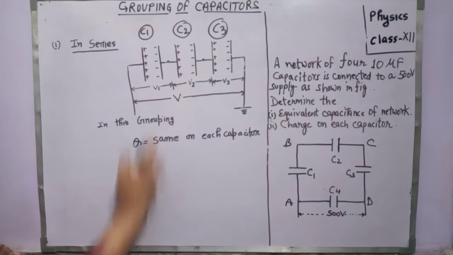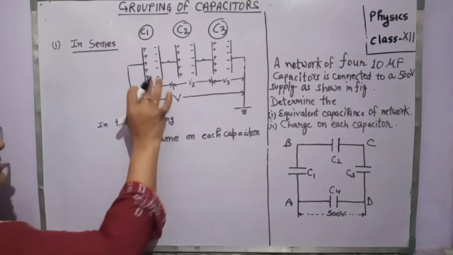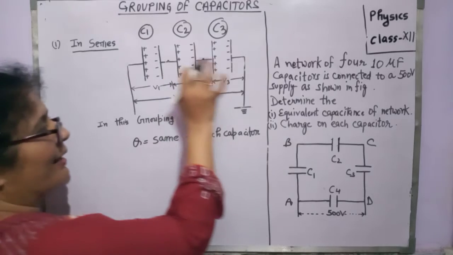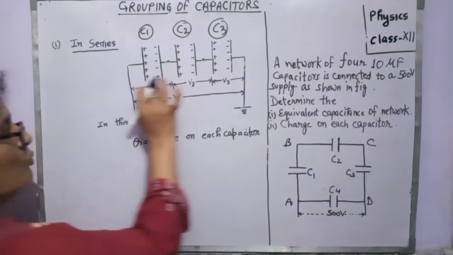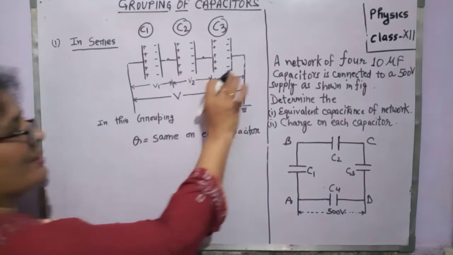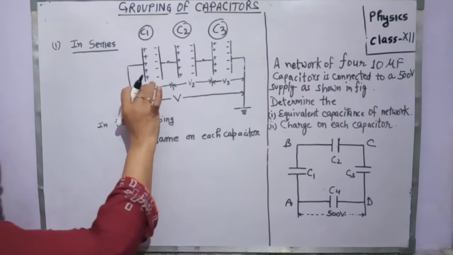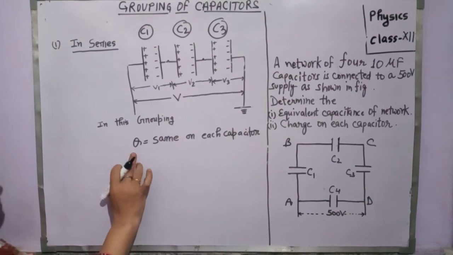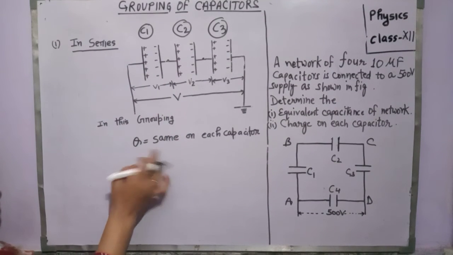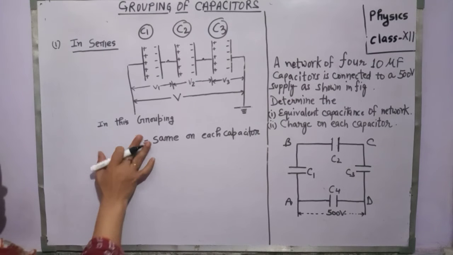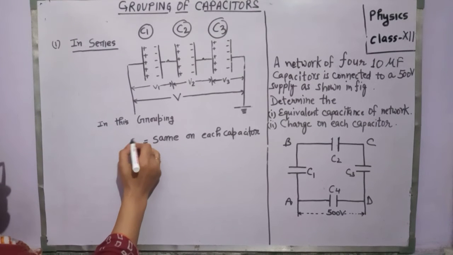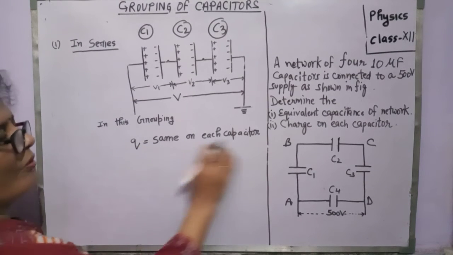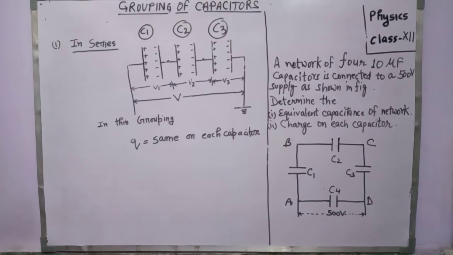This figure shows that in the first, second and third capacitors, the two plates of each capacitor have the same amount of charge. Suppose that charge is Q, or small q. Small q is the same on each capacitor.